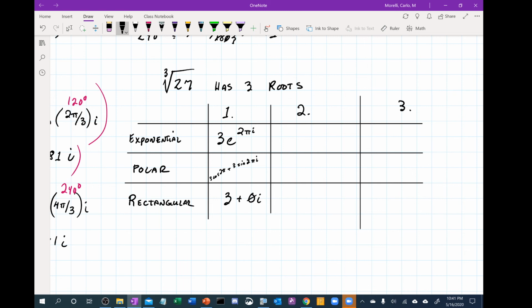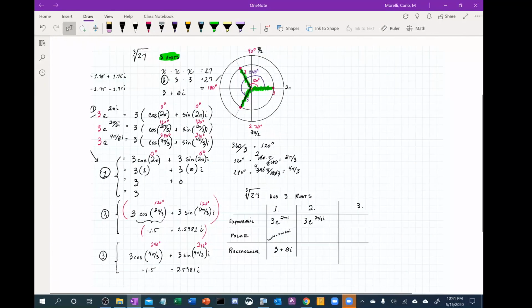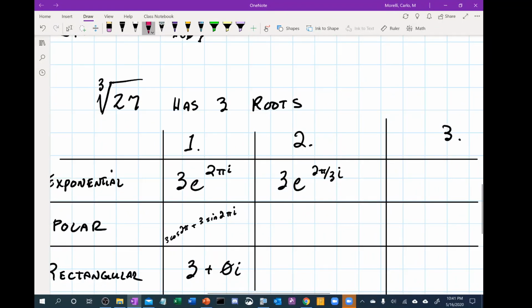All right, so the second one was, I think it was 3e to the 2 pi over 3i. Yeah. Okay, so this one, remember, was for 0 degrees, and this was 120 degrees, and this was 240 degrees. So our polar coordinates were 3 cosine 2 pi over 3 plus 3 sine 2 pi over 3i.